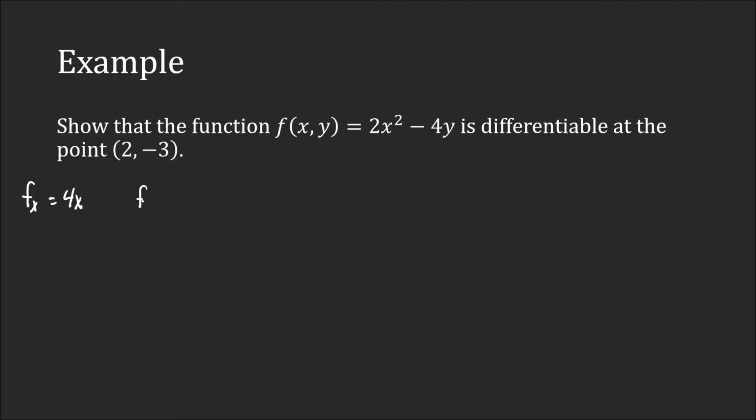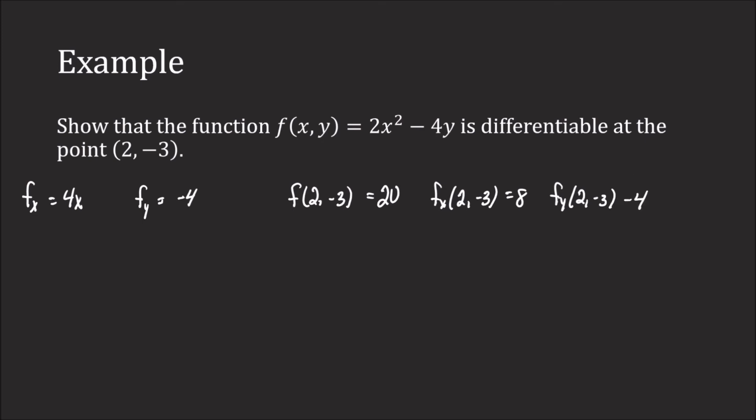And now we need f sub y, and that is negative 4. Now let's evaluate all of these at the point (2, negative 3). So f will be 20, f sub x will be 8, and f sub y is just negative 4.